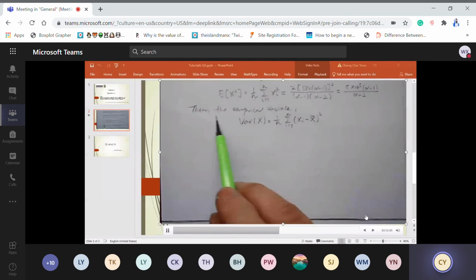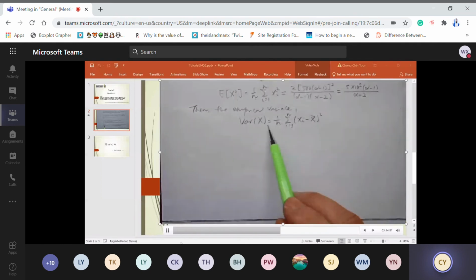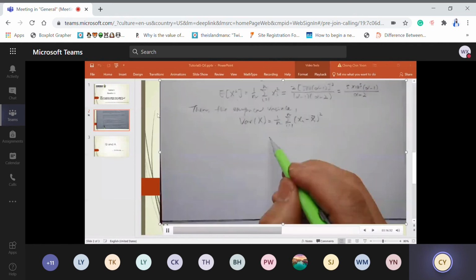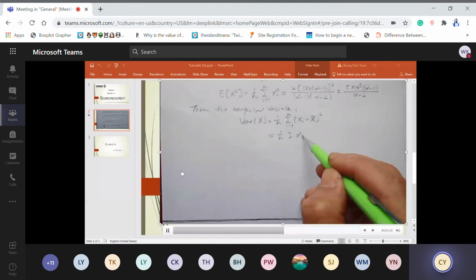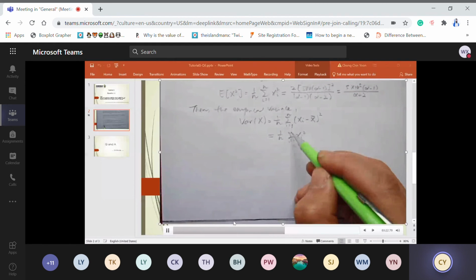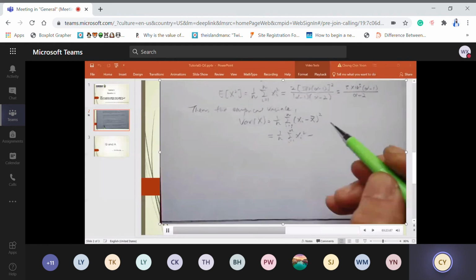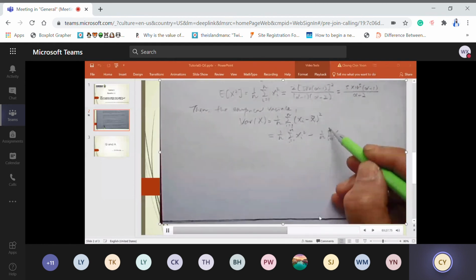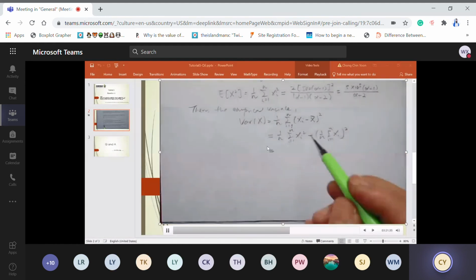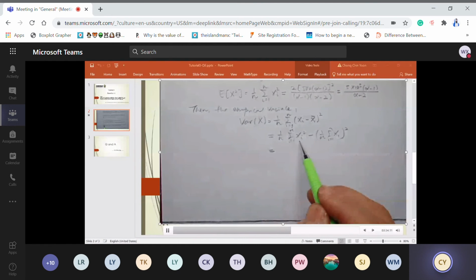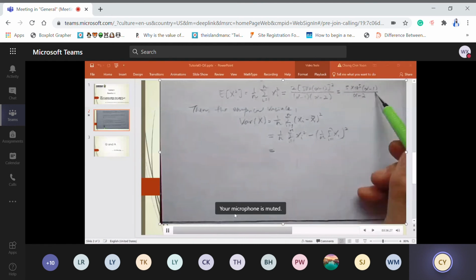Then the empirical variance, which is given by this, is equal to the second raw moment minus the first raw moment square. And this result we have found, that is this.